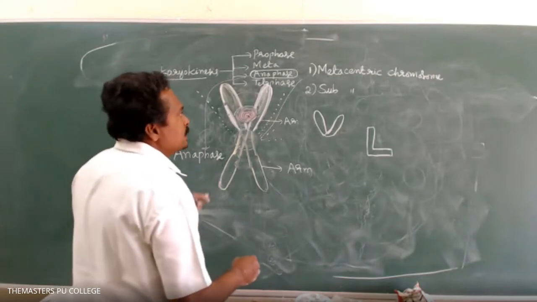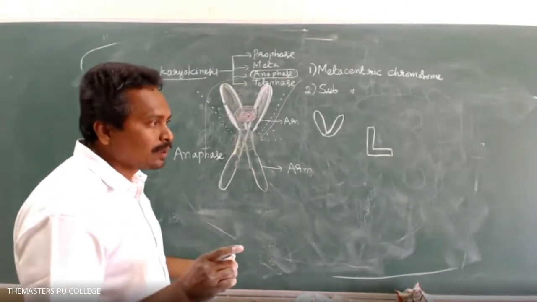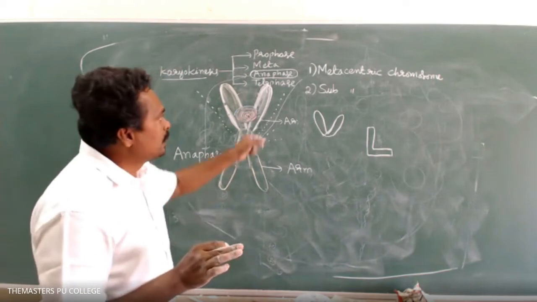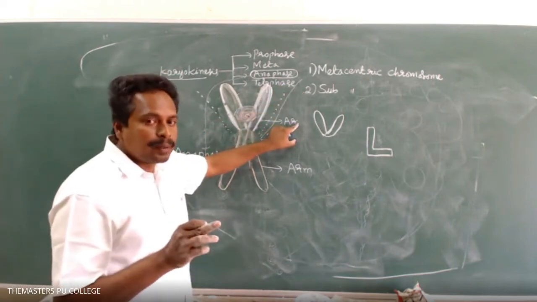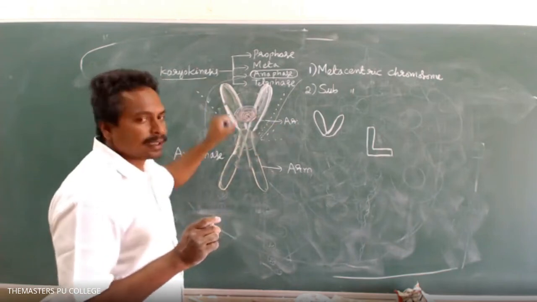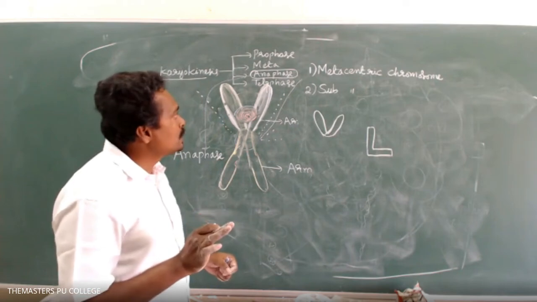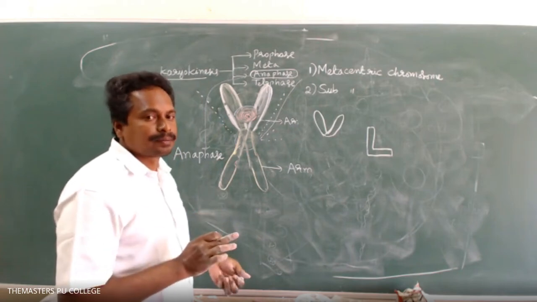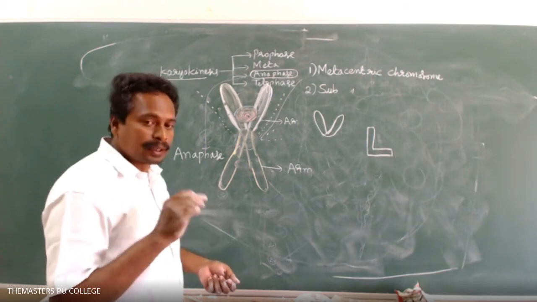Sir, at which phase? Anaphase only. Anaphase of the cell division. So these chromosomes attain different shapes in anaphase of the cell division, not in prophase, metaphase, or telophase. Is it clear? We will cover cell division in another chapter.